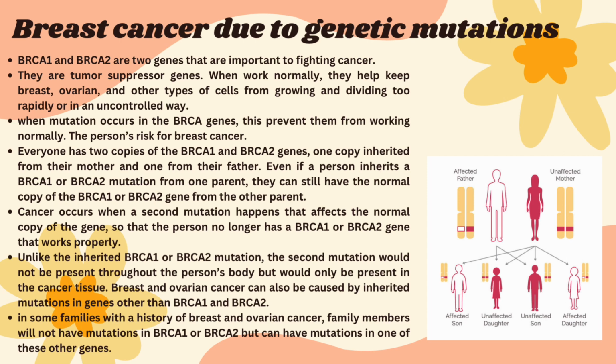Breast and ovarian cancers can also be inherited through mutation in genes other than BRCA1 and BRCA2. So in some families with a history of breast cancer and ovarian cancer, family members will not have mutation in BRCA1 or BRCA2, but may have mutation in one of these other genes.